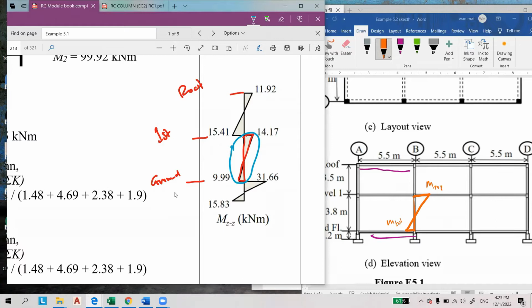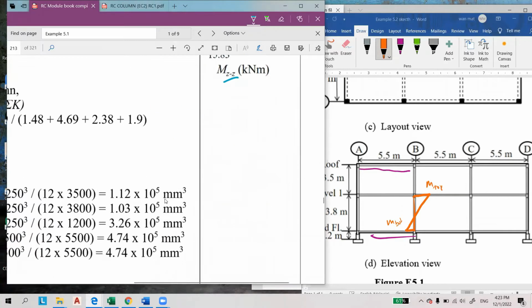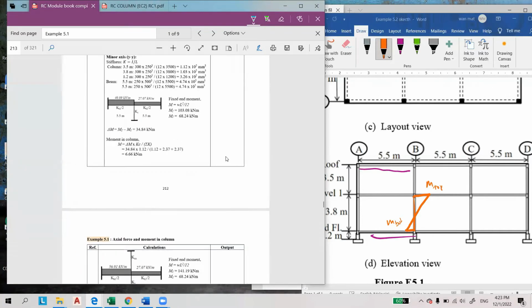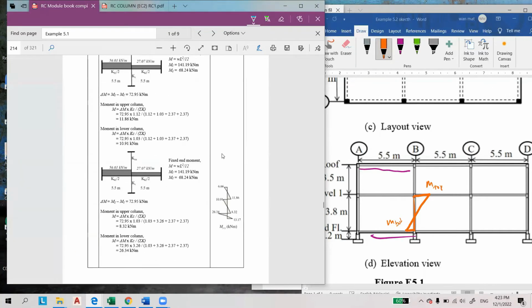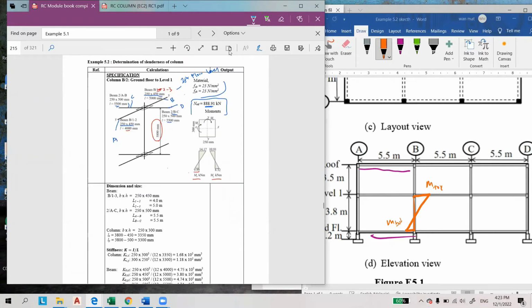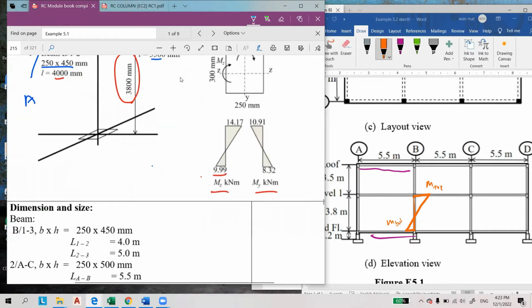This is the Mz, and this one is for the My. We consider only this part: 10.91 at the top and 8.32 at the bottom. So this is the bending moment we have to consider.